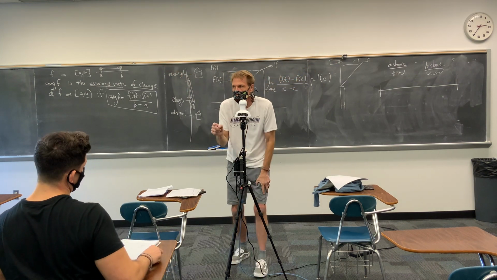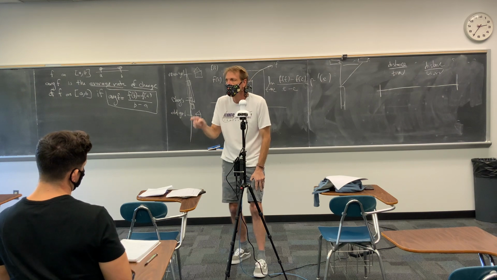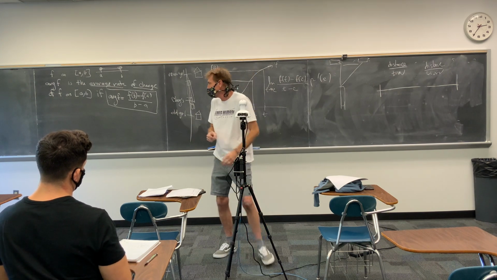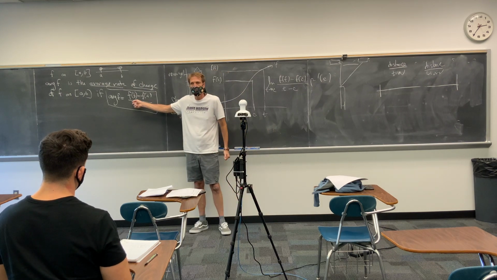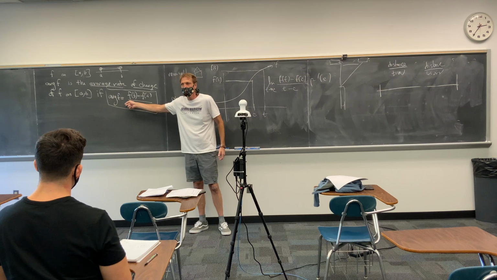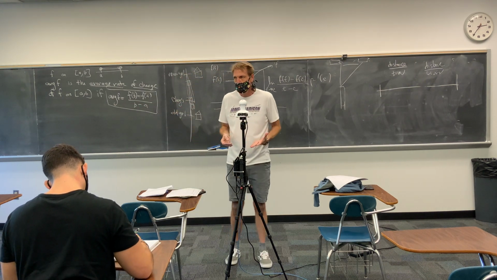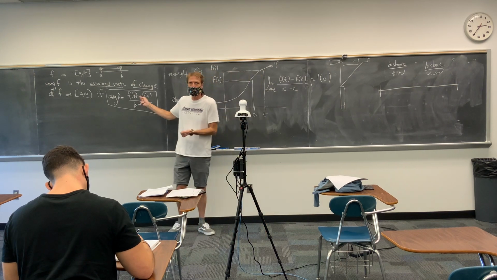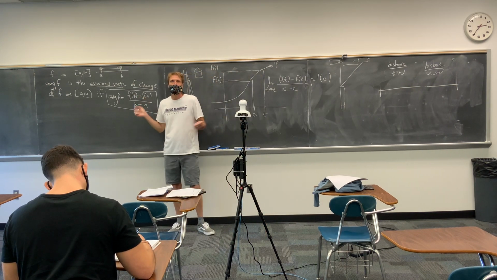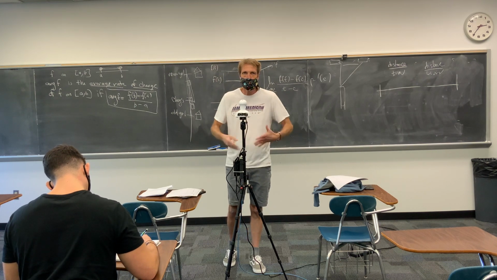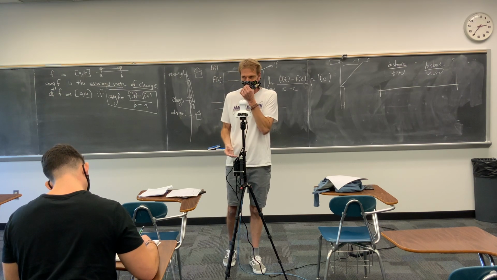When they want the average rate of change, you've got to use your slope function. Average rate of change, slope function. Instantaneous rate of change, derivative. Is this making sense?